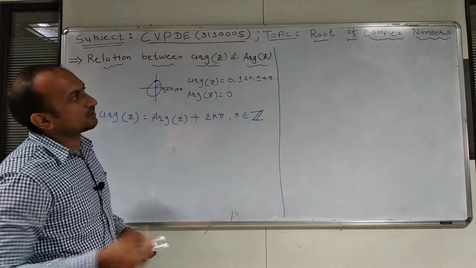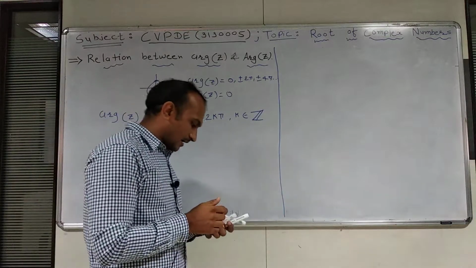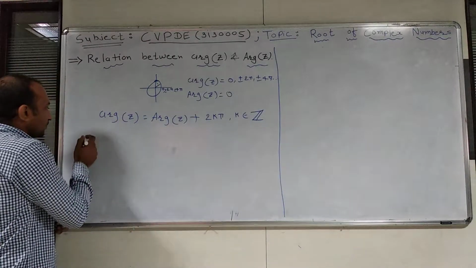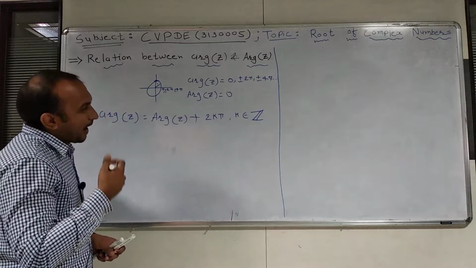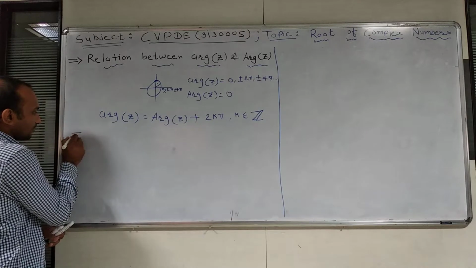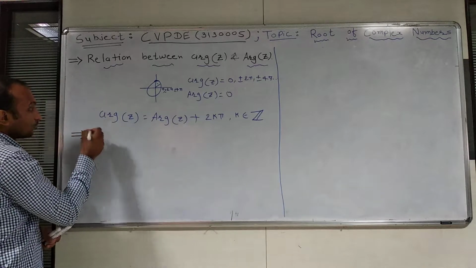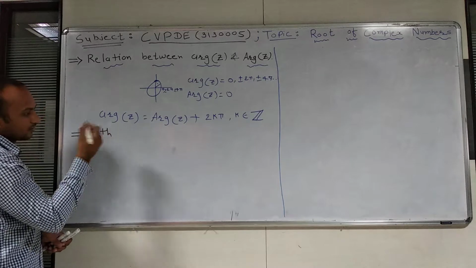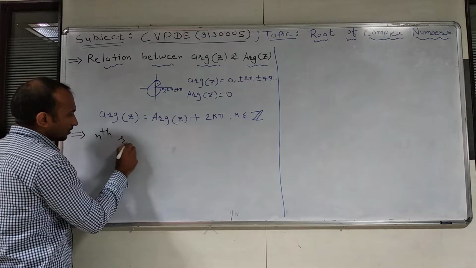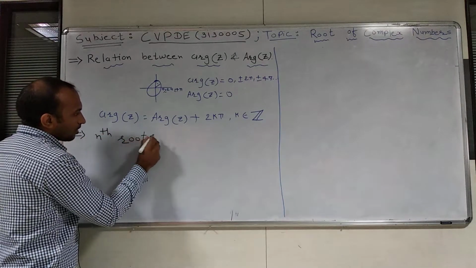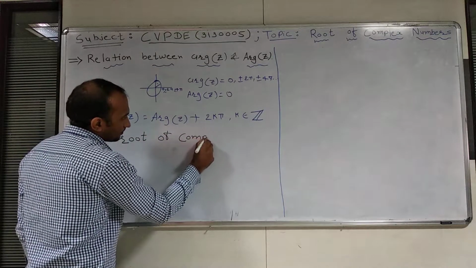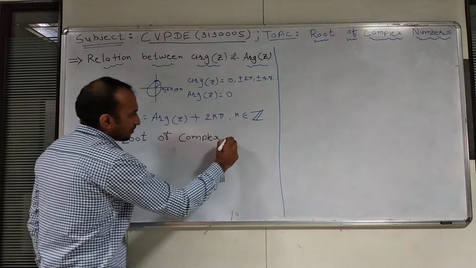Now we use this to find the root of a complex number. Our main topic is the root of a complex number, so first we evaluate the nth root of complex numbers.